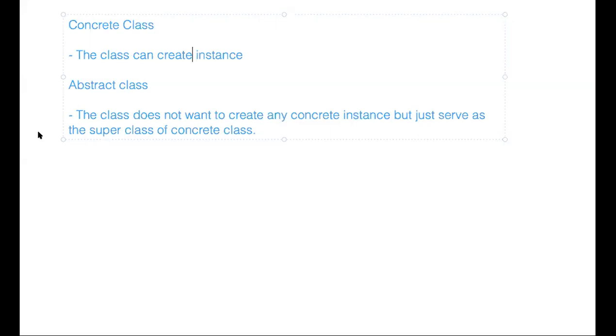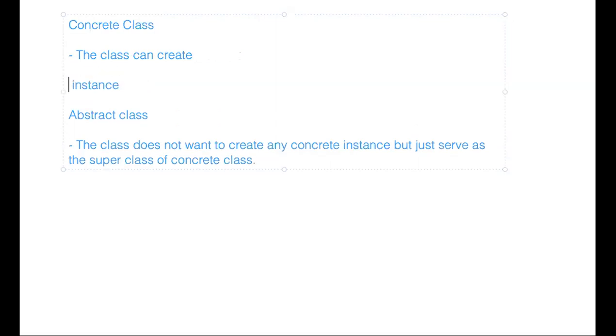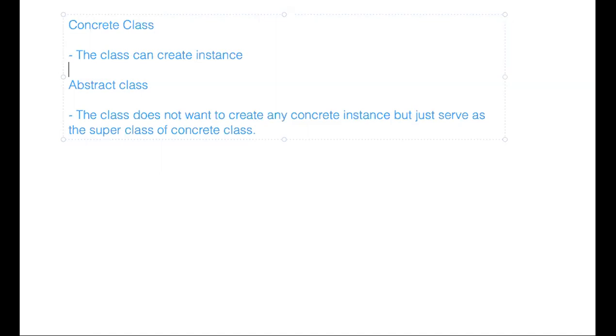So this one is what we call an abstract class. You can code it as normal as a concrete class. But in an abstract class we can have another thing, which we call the abstract method.